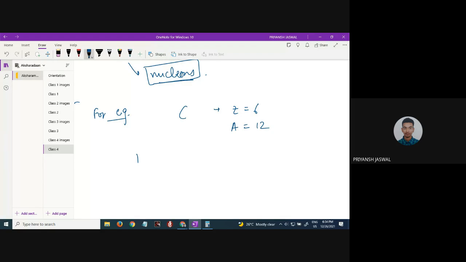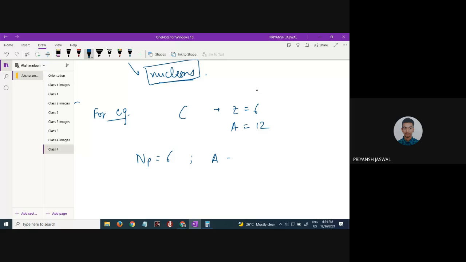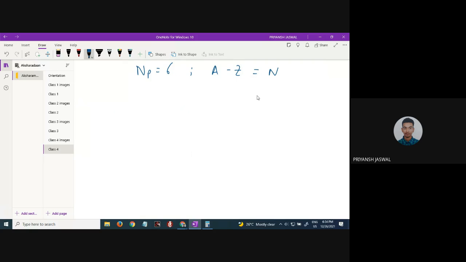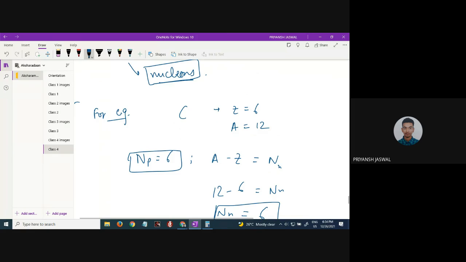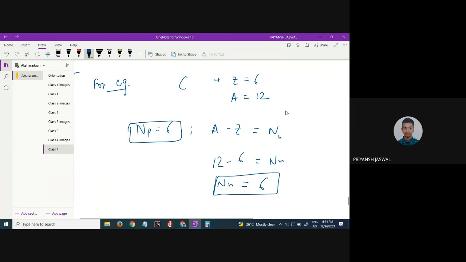So it will have A minus Z number of neutrons, that is 12 minus 6. So it has 6 neutrons. If we are not given the mass number and we know the number of protons and number of neutrons, we can just add these two and it will give us the mass number of the atom.